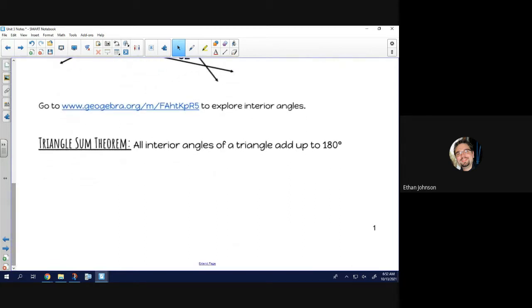All interior angles of a triangle add up to 180 degrees. So there may be a time where we have to find x and find a value inside. So we add all 3 angles together, set equal to 180. This will always work for triangles.